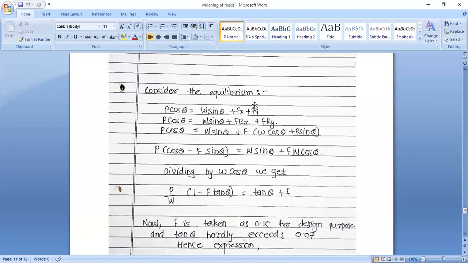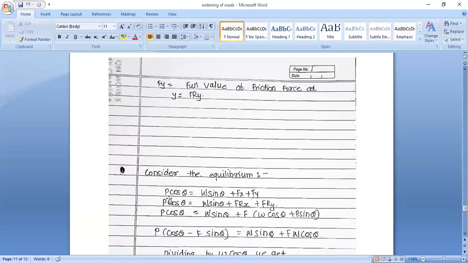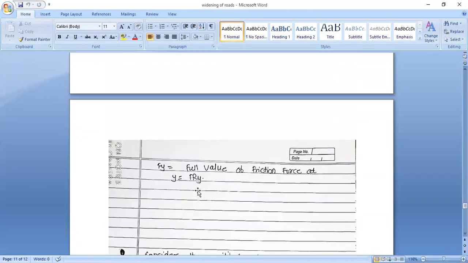Consider the equilibrium condition at this super elevation. Then P cos theta is equal to W sin theta plus Fx plus Fy.